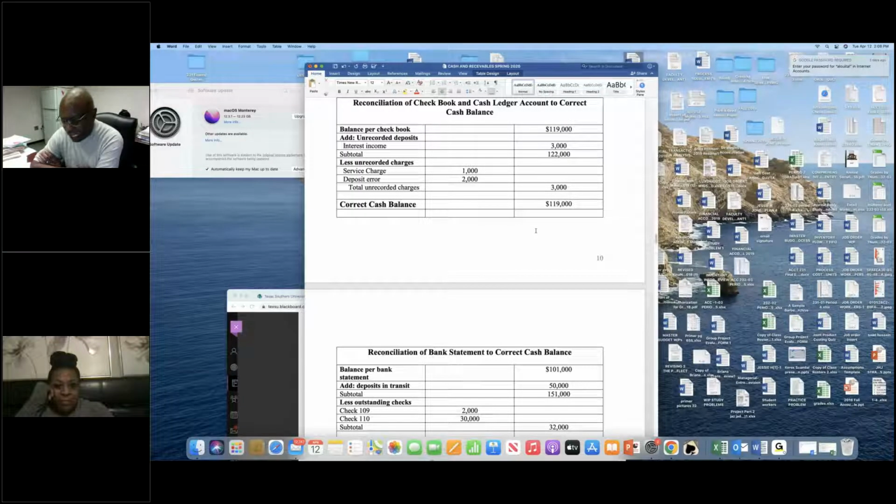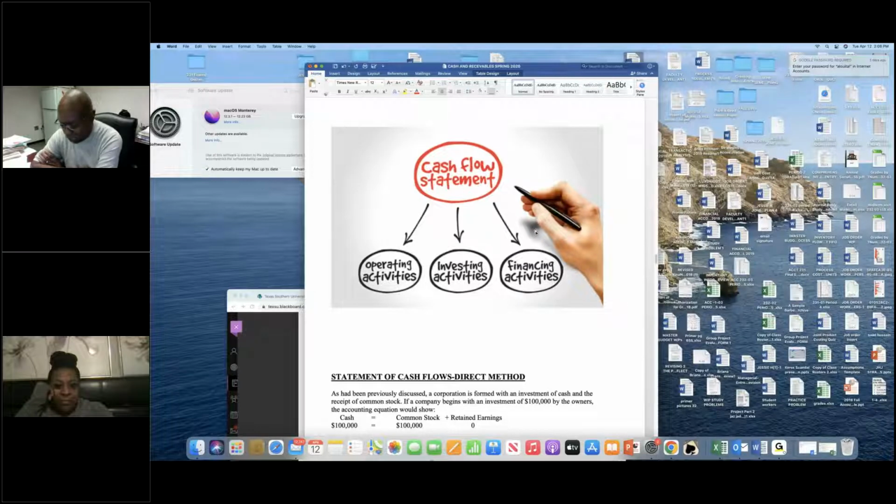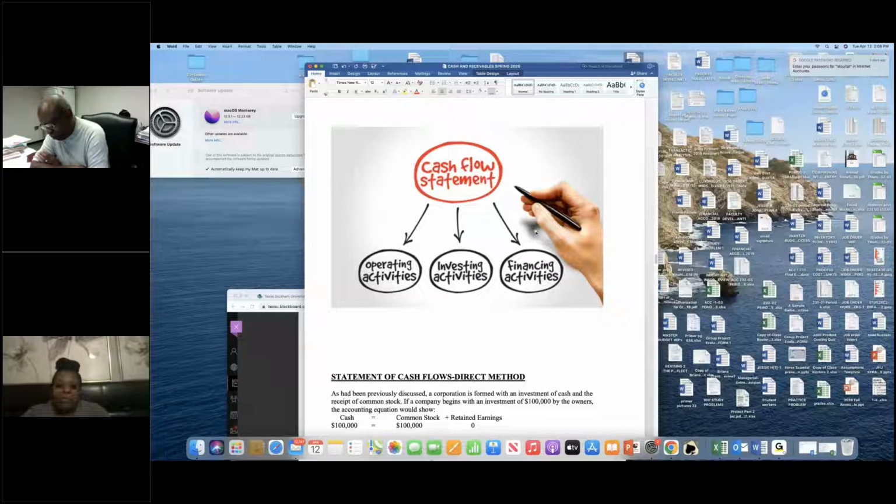Cash flow statement. There are 4 financial statements: income statement, statement of retained earnings, balance sheet, and then the cash flow statement.